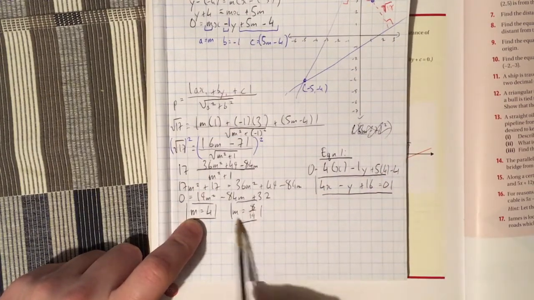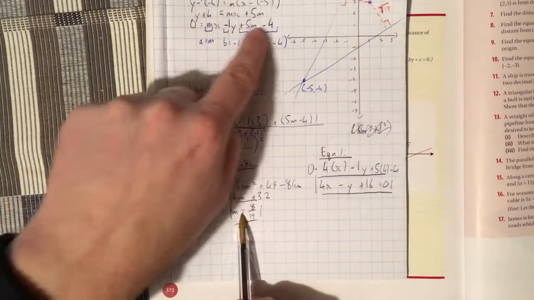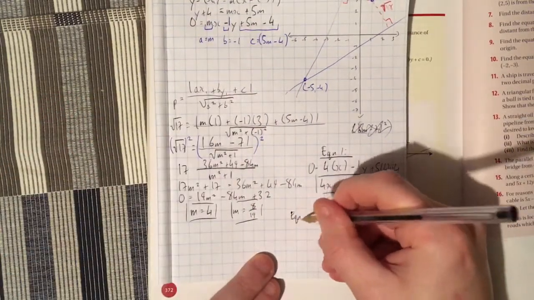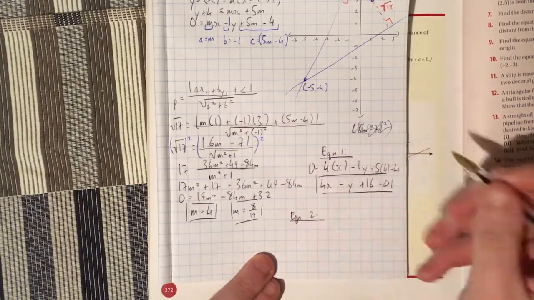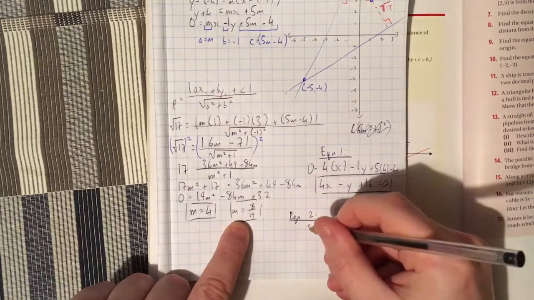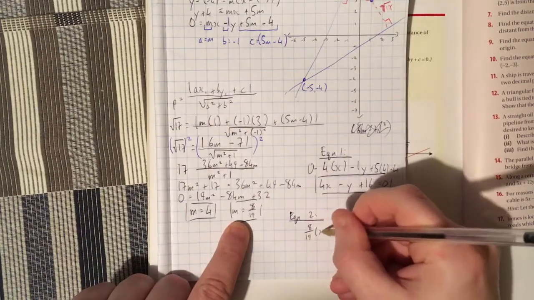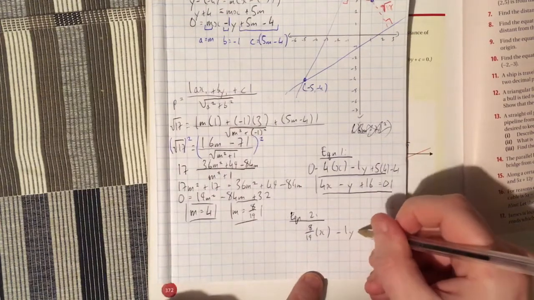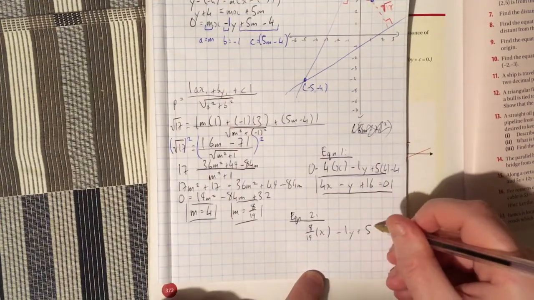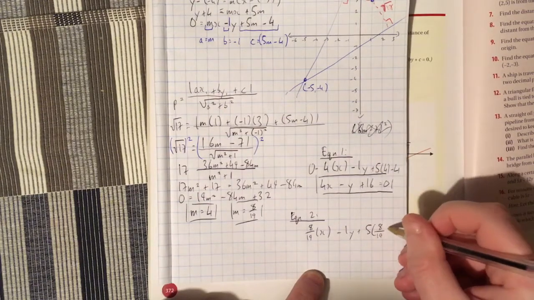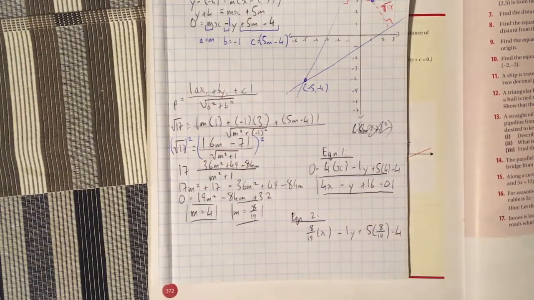To get the second one, sub this into the same. So equation 2. So m times x, so that's going to be 8 over 19 times x minus 1y plus 5 times m, so 5 times 8 over 19 minus 4.